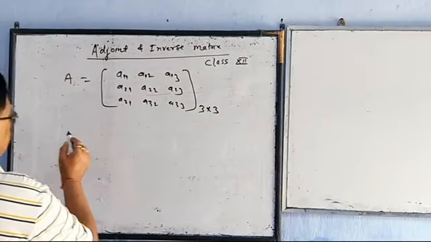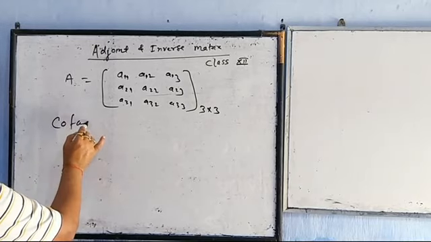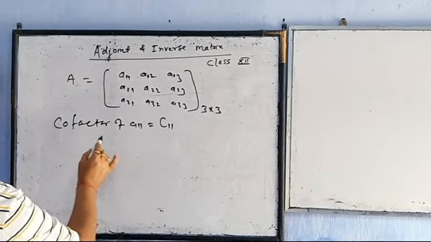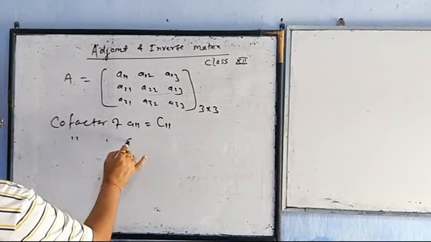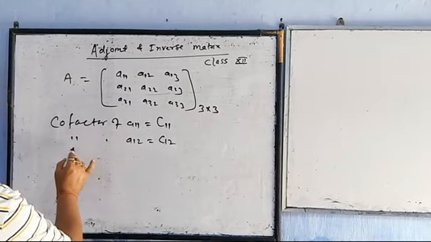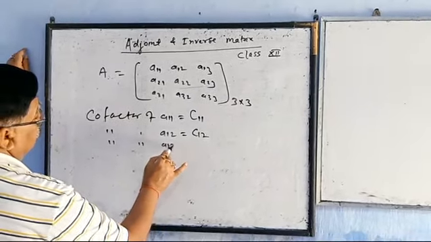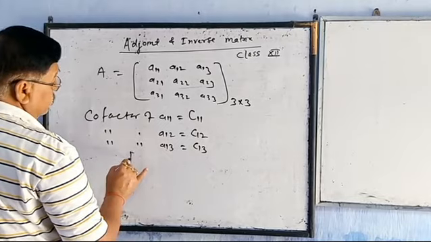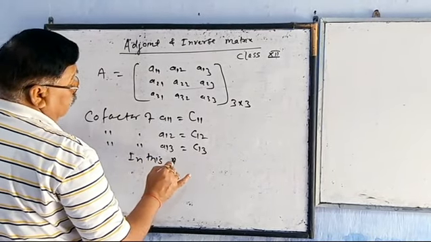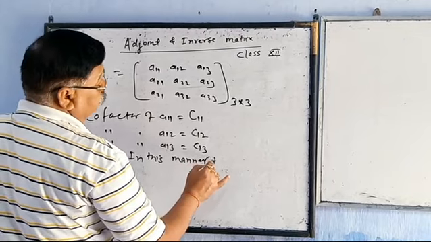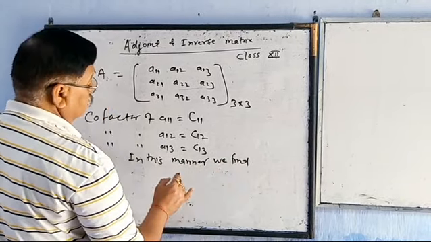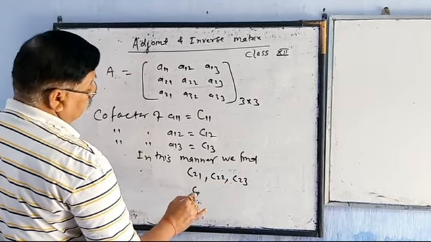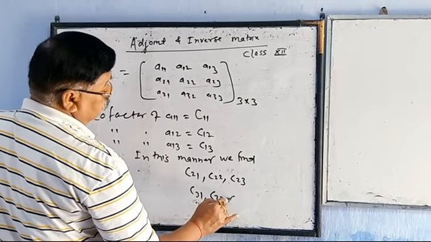That is, cofactor of A11 is C11, cofactor of A12 is C12, cofactor of A13 is C13, and in this manner we find C21, C22, C23, C31, C32, C33.